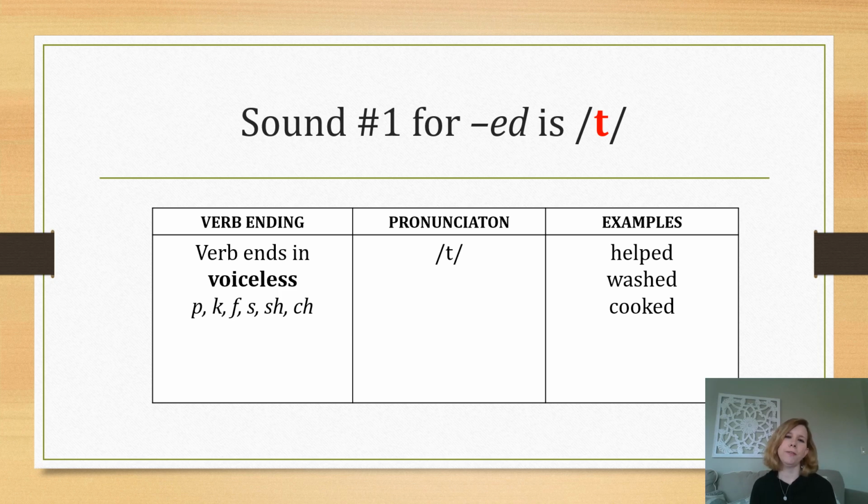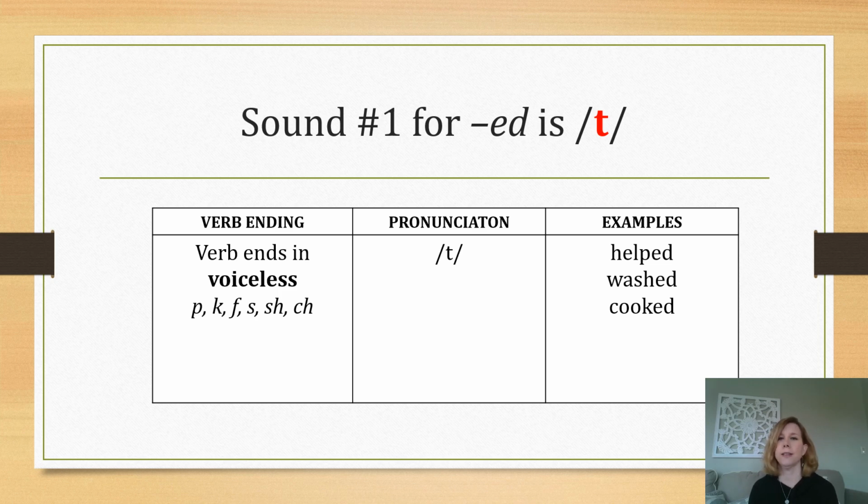So looking at the verb endings in the column on the far left, these are going to be voiceless sounds at the end of the verb. And this will make more sense in future slides in this presentation. So for example, I have the p, k, f, s, sh, ch.